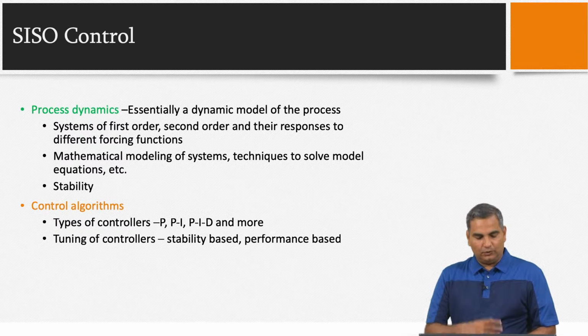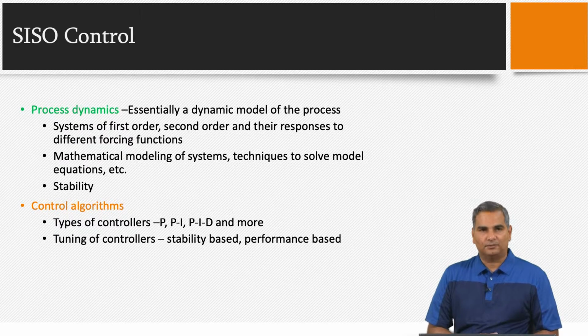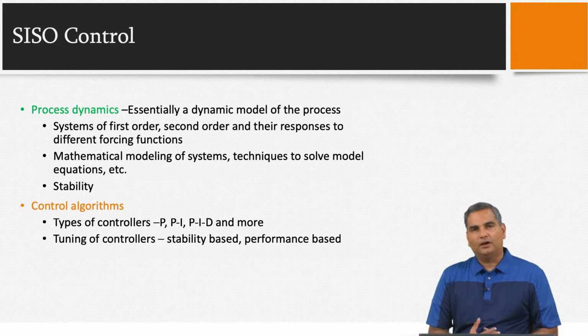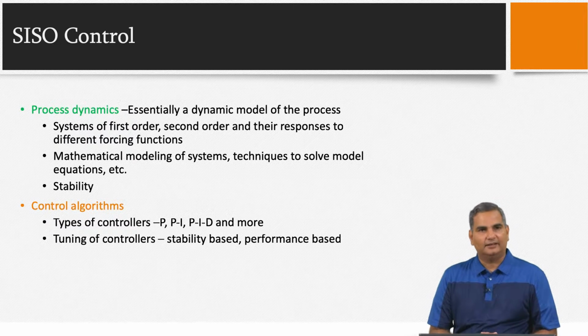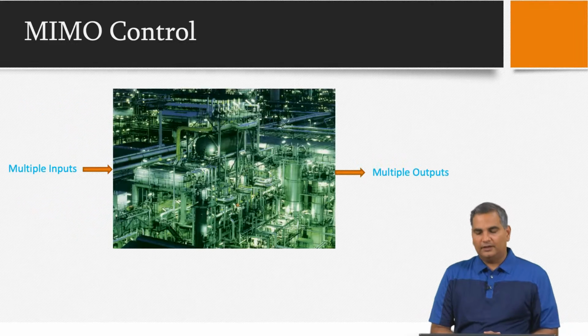And tuning would mean finding a value for these parameters, and then we said tuning of controllers can be broadly classified as being based on stability or performance, and then we went through several ideas in stability based and performance based controller tuning. We then moved on to multiple input, multiple output systems. We said real processes are generally multiple input and multiple output.